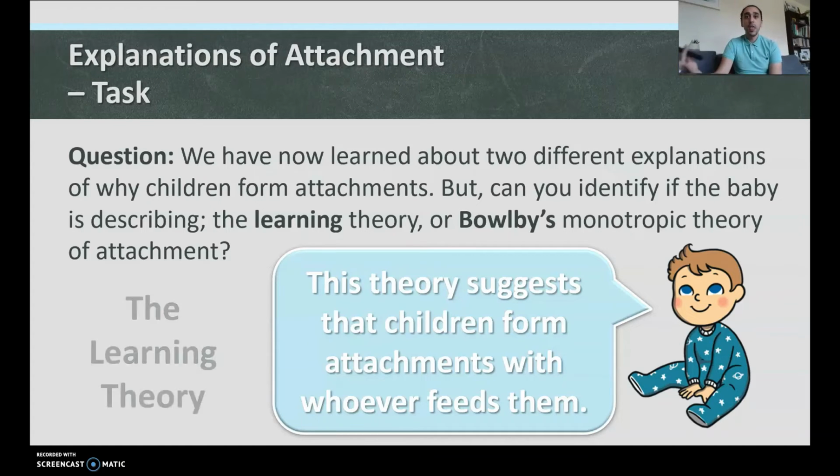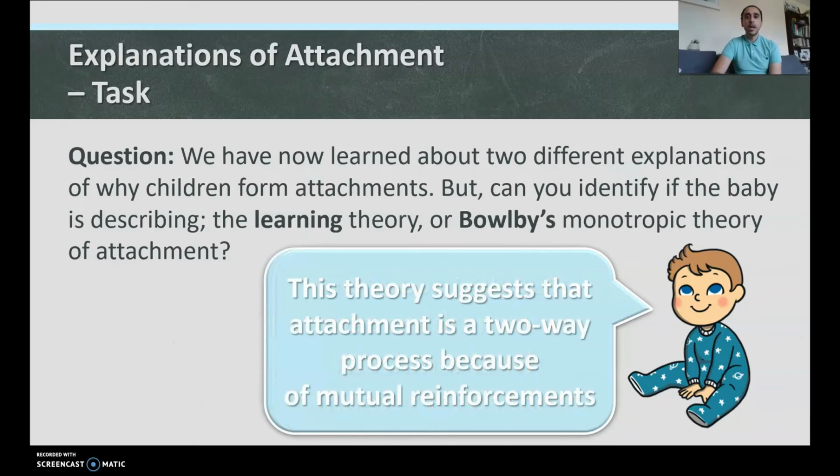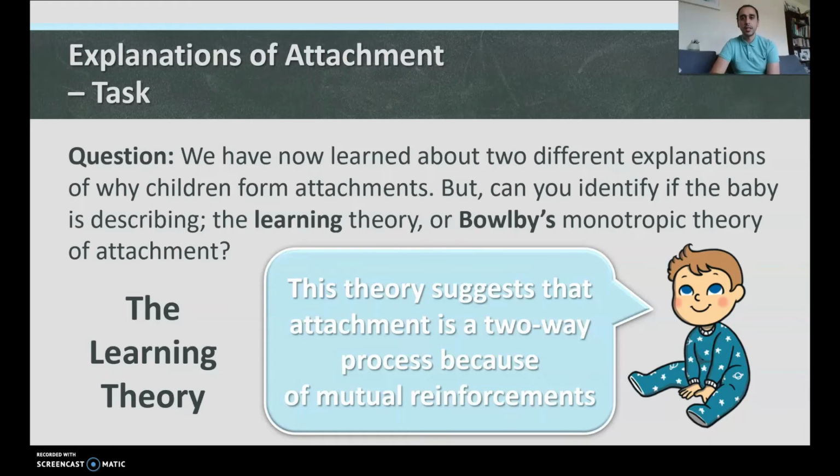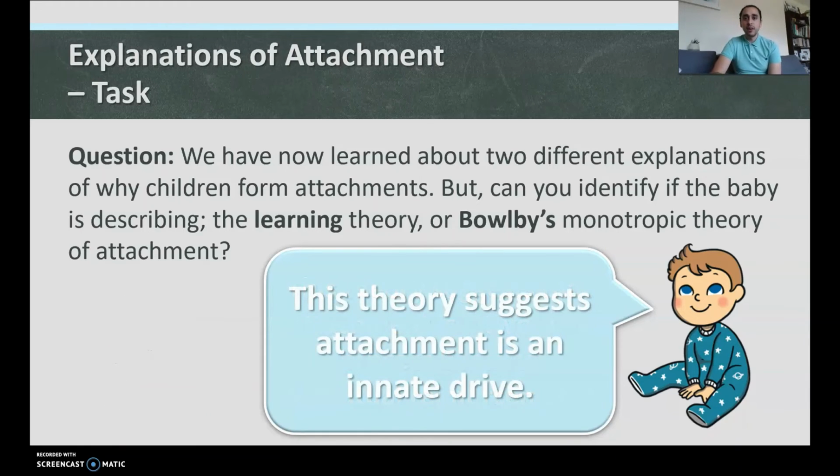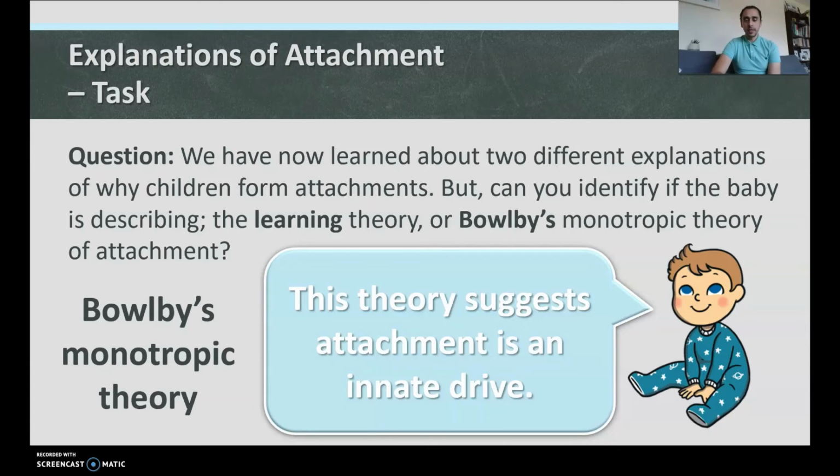That is the learning theory. This theory suggests that attachment is a two-way process because of mutual reinforcements. Which one? It's the learning theory again. Reinforcements, okay? Positive and negative reinforcement. That was operant conditioning. This theory suggests attachment is an innate drive. Bowlby's monotropic theory, good, right?